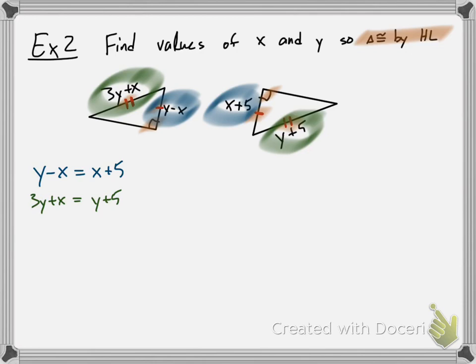So what we have here is a system of equations, and we're going to use those methods from Math 1 to solve our system. There are actually three methods that you can use.